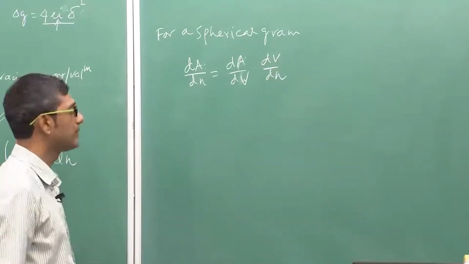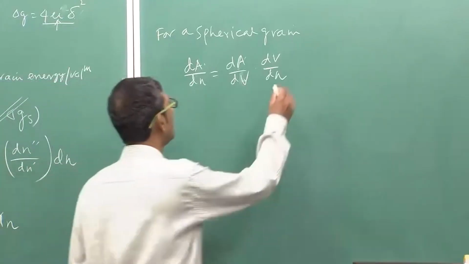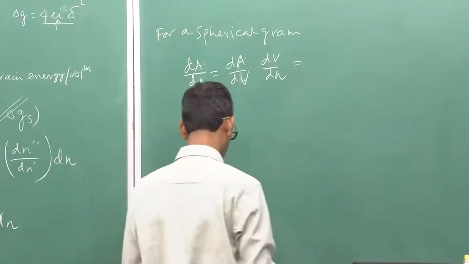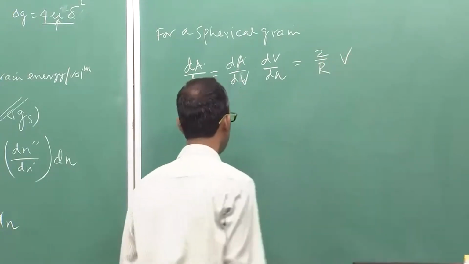Now, for a sphere, we know area is equal to 4 pi r squared and volume is equal to 4/3 pi r cubed, and if we do the mathematics properly, this will come out as 2 by r into V, V is the volume.